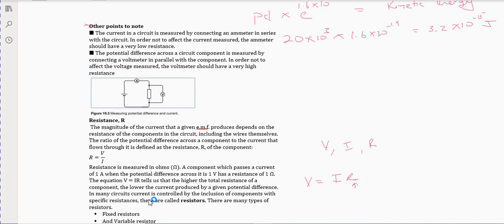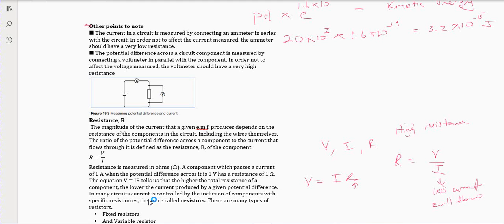Because if we manipulate our equation so that R becomes the subject, we are left with V upon I. So higher resistance means that less current will flow.